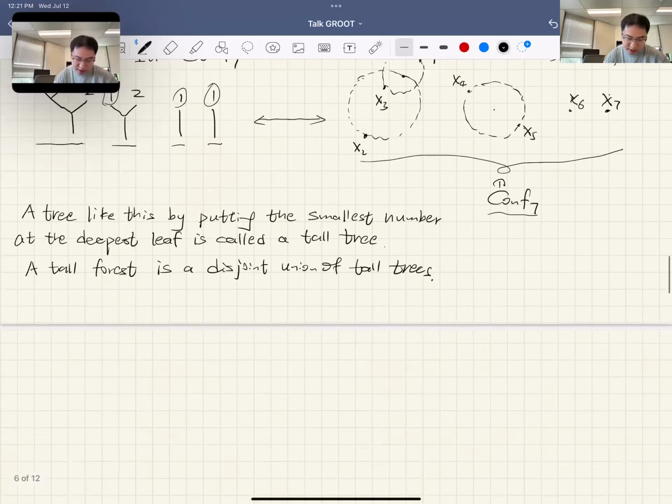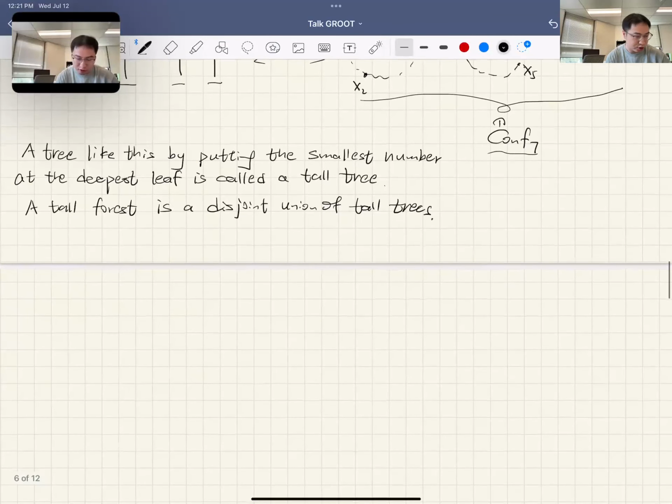So why do I need this definition of tall tree?